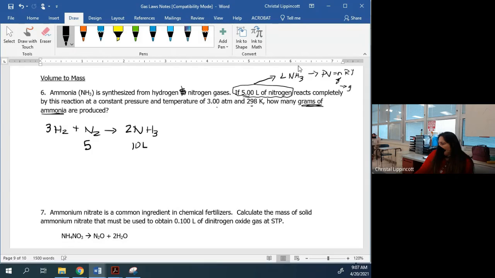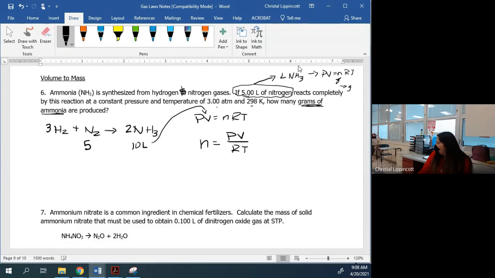Okay. Now I'm going to use that in my PV equals nRT formula. So remember PV equals nRT. If we're solving for n, this 10 liters is going to be right here. n is going to equal PV over RT. Everybody cool with that algebra?